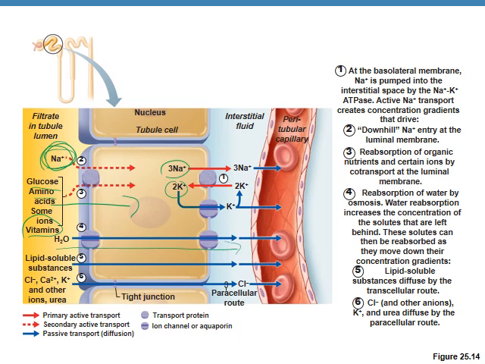Water can travel through the kidney tubule into the peritubular capillary passively through ion channels. Or in some cases, if you're lipid soluble, you can just pass right through the membrane. Remember, this is a phospholipid bilayer, so they're both made of the same material, and the lipids can pass through.